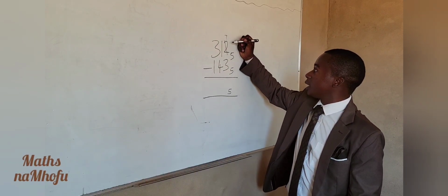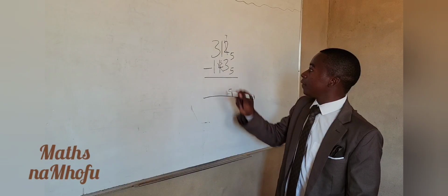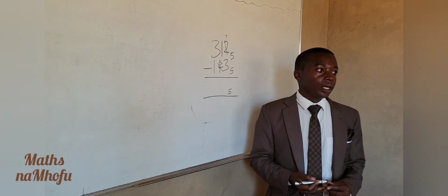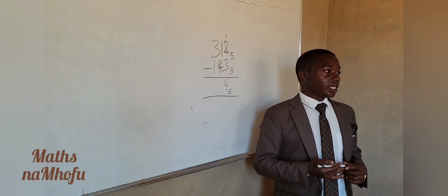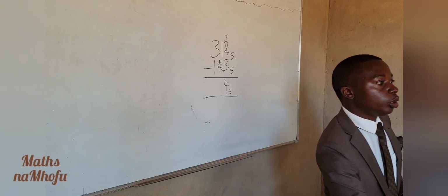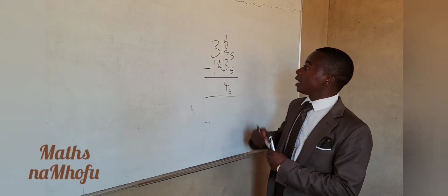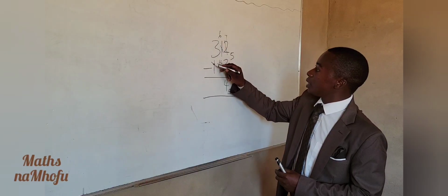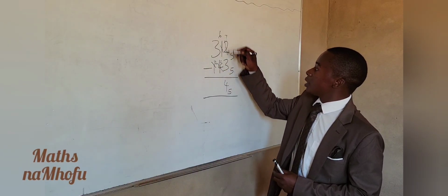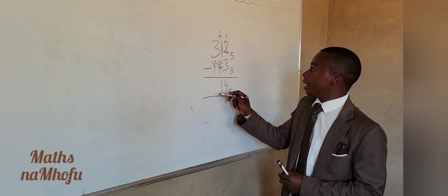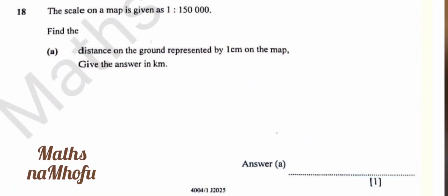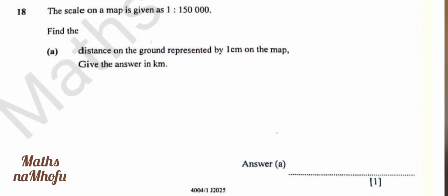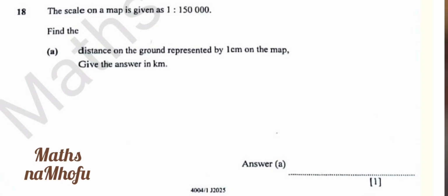This becomes 7, and this becomes 5. 7 minus 3 is 4. 1 minus 5 it can't again, so we borrow another group of 5. This becomes 6, and this becomes 2. 6 minus 5 is 1. 3 minus 2 is 1. So our answer is 114 in base 5. Now we are moving on to number 18.